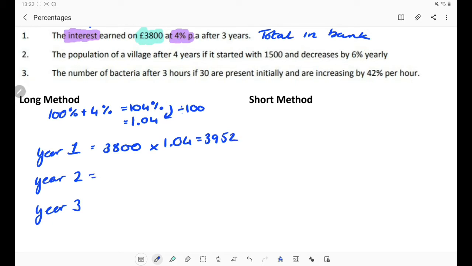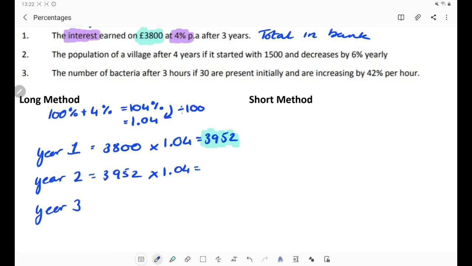However, when we calculate the interest for the next year, it's really important that we recognise the amount in the bank has changed. It is now 3,952, but the interest is still the same. We're still timesing by 1.04.